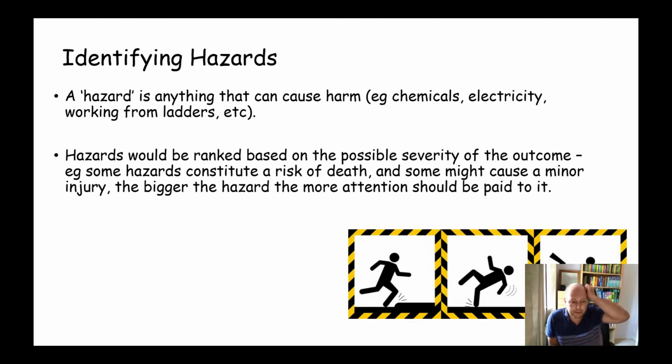If there's a risk of death, for example from working at height, actually one of the biggest causes of death in the construction industry, you would take more precautions than if, for example, there was a risk of a slip or a trip. But in all cases, you would need to take precautions, but the amount of precautions you'd take would depend on the severity of the potential outcome.